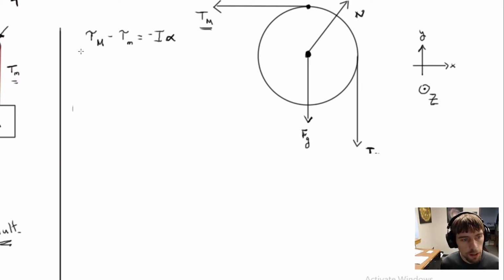Keep in mind that this torque, since we're dealing in magnitudes now, I could say, let's do the magnitude of R. This one's the big M, R big M.